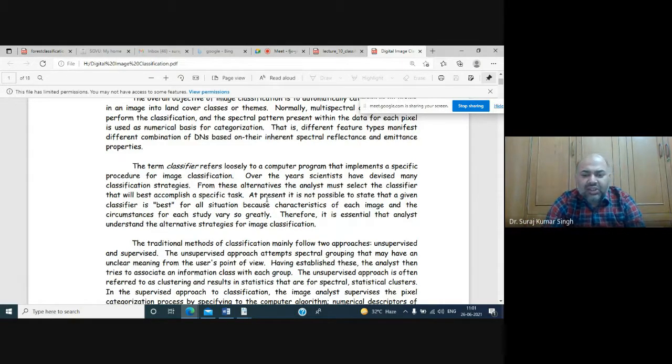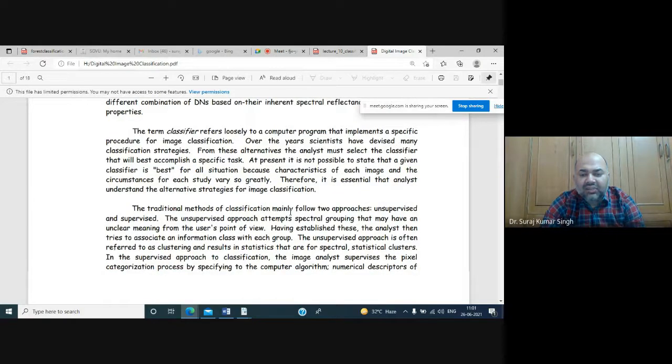From these alternatives, the analyst must select the classifier that will best accomplish a specific task.